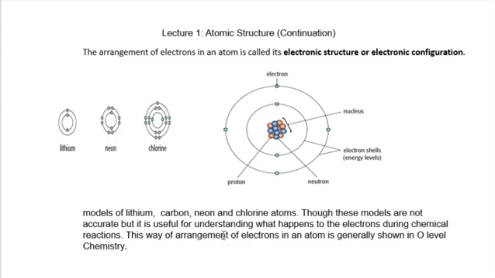And this is the way O-level chemistry students are being taught about the electronic configuration. But when you go to A-level, we have a more advanced way of representing electronic configuration. I am now going to show you how we have to do it.